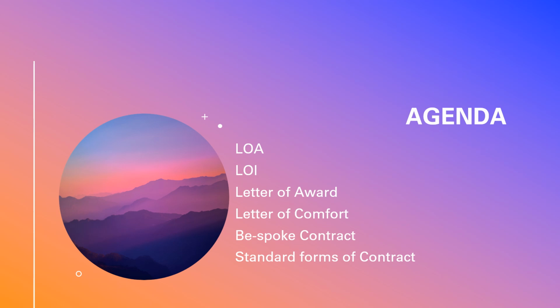Sometimes a LOA is issued as a full set of contract. I'll tell you how. Even though you call it a LOA, you will include all the contracts and the documents under the LOA.